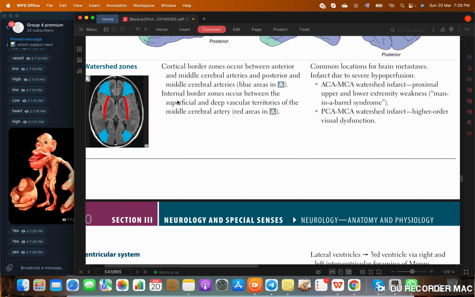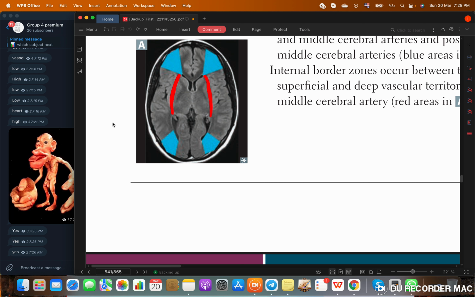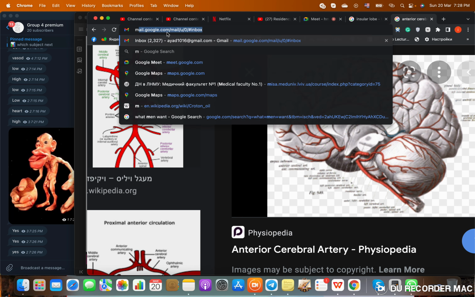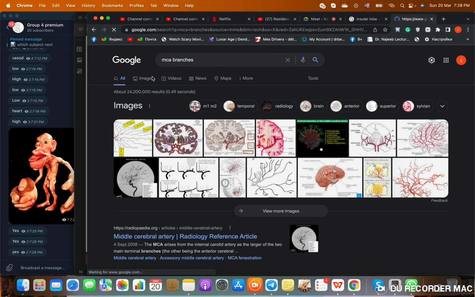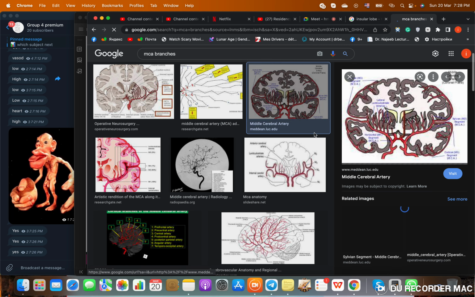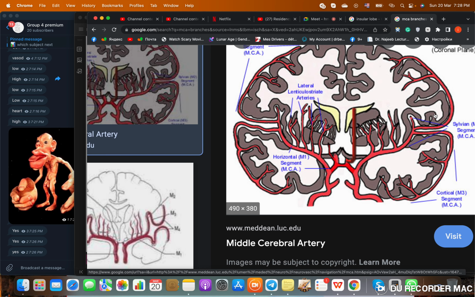So they write, internal border zone occurs between the superficial and deep vasculature territories of the middle cerebral artery. What is that? Well, the middle cerebral artery itself has multiple vessels. So if you take a look at the MCA branches, so this is the MCA.